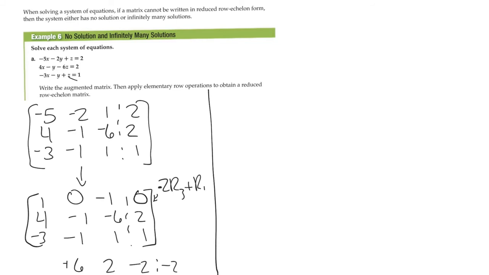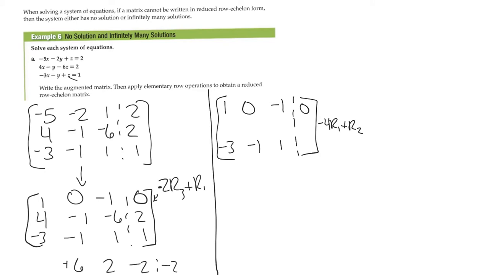Okay, so the next step, we need to go ahead and reduce down underneath that leading 1, so that 4 needs to become a 0. So I'm going to multiply my row 1 by a -4 and add it to my row 2. So -4 row 1 plus row 2. Nothing's changing in my first row at this step. Nothing's changing in my third row at this step.